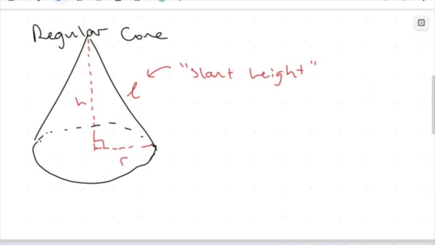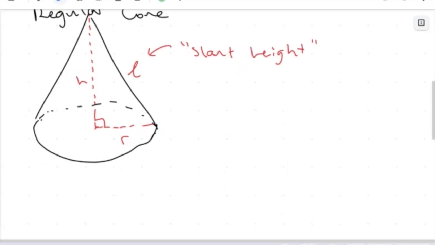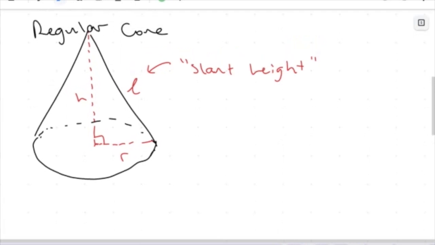With this in mind, we want to break this up, as we did with all other surface area questions, into a net. And a cone is a little bit tricky because it's not immediately obvious that we can just point it out and count the surfaces like we would a prism, for example.